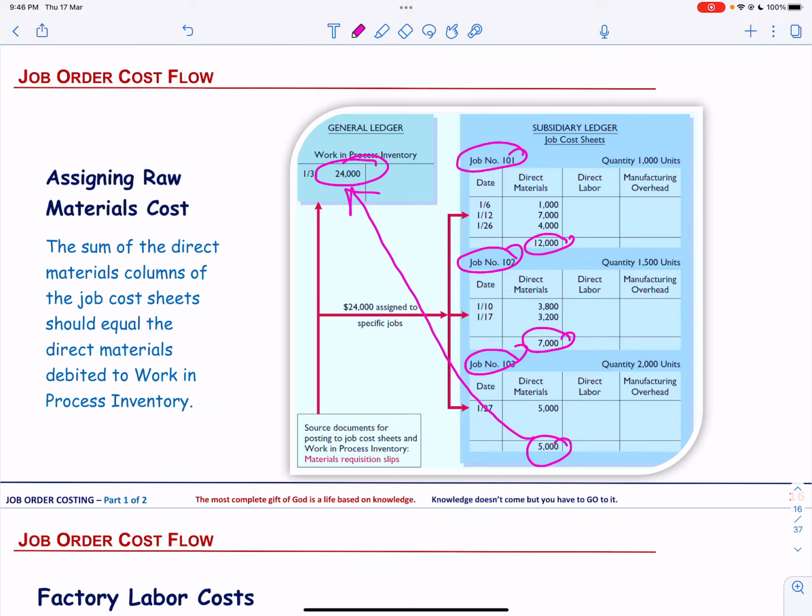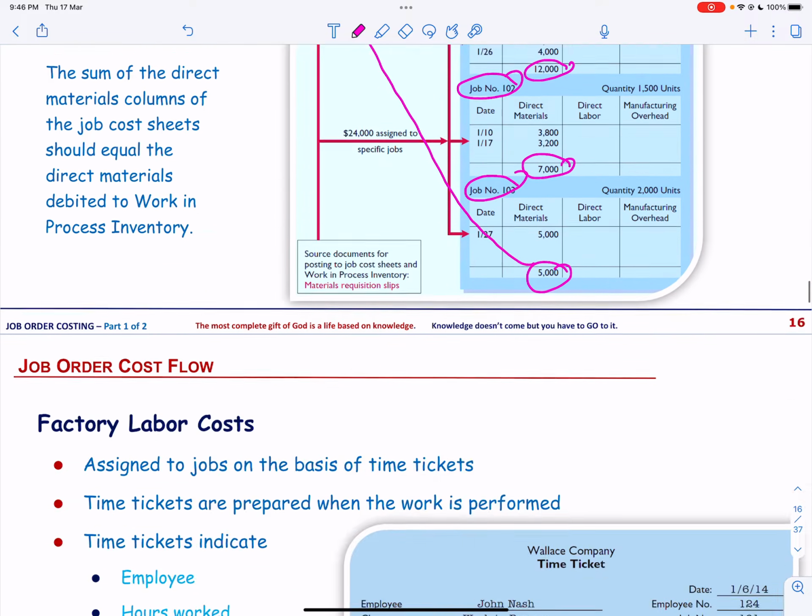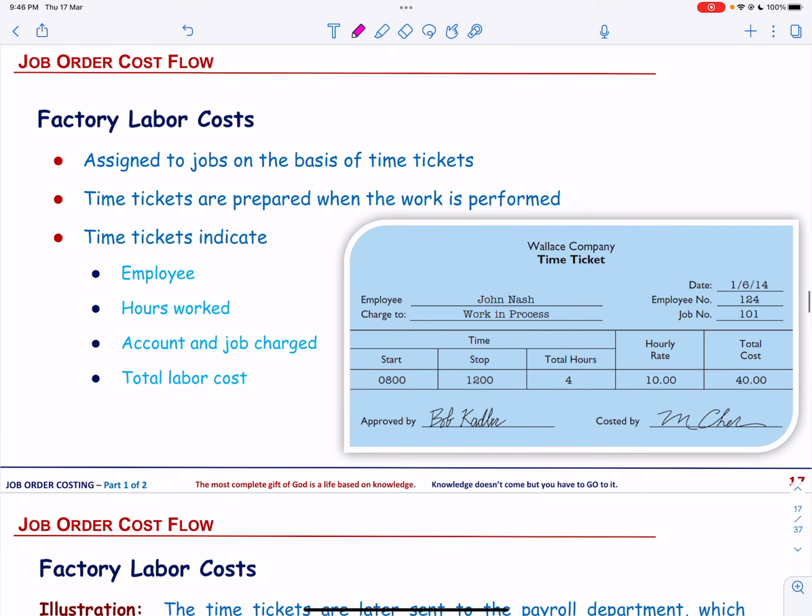Let us see how the job cost sheet for factory labor cost is made. A journal entry is recorded and then posted to the subsidiary ledger. Companies assign factory labor cost to jobs on the basis of time tickets prepared when the work is performed.